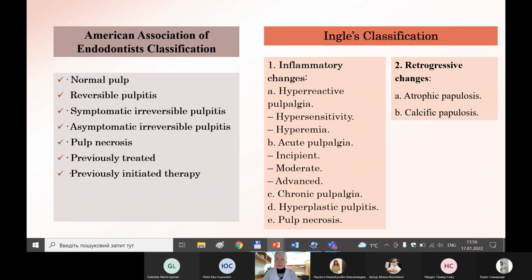Chronic pulpalgia, hyperplastic pulpitis, and pulp necrosis. And retrogressive changes: atrophic pulposis, calcific pulposis. And a few more are available, but I'm not stopping on them. There are still a few more classifications available, but the most used one is the one I have described to you here.